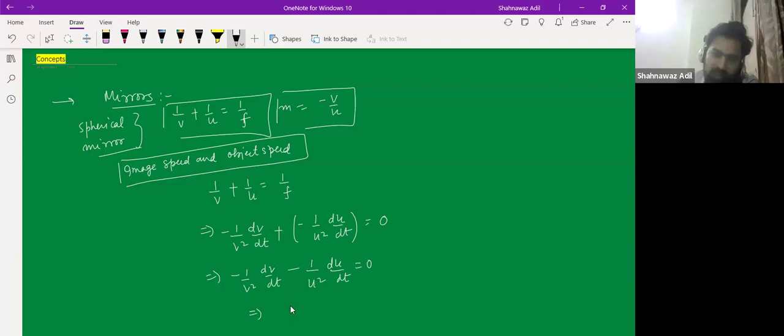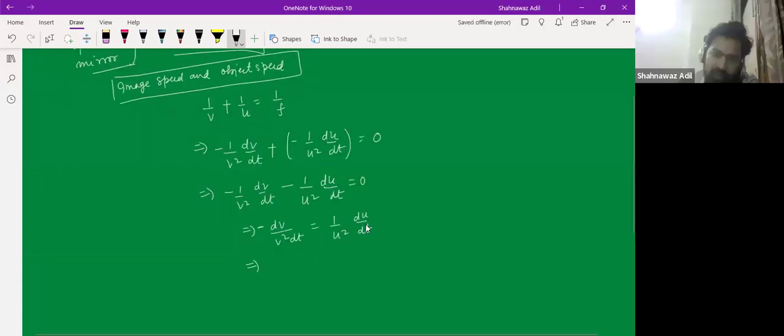We'll get dv by dt, which is the image speed, right?